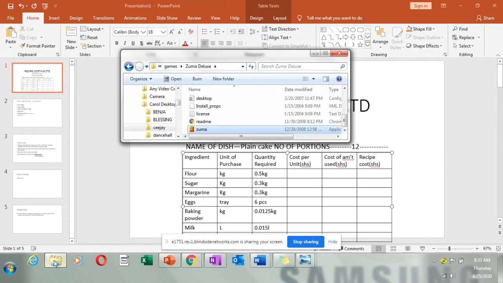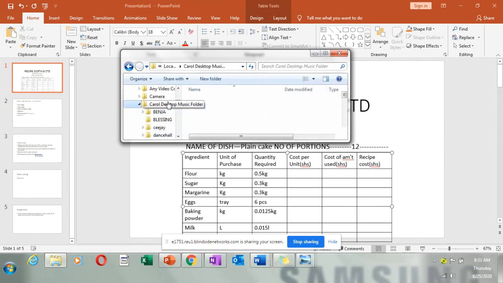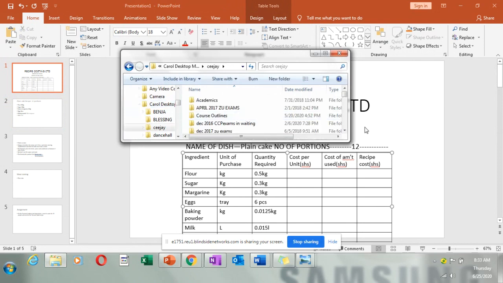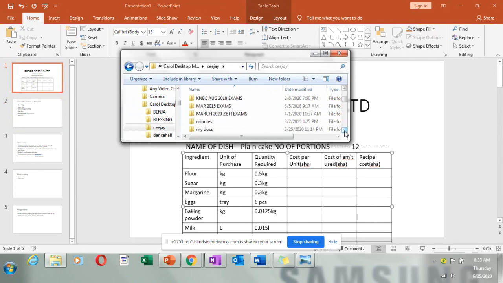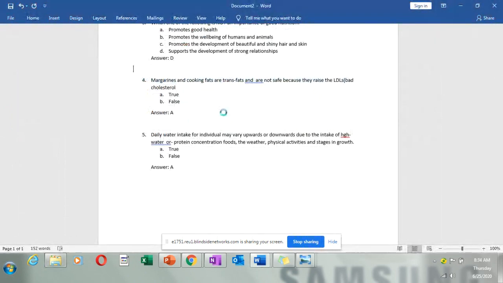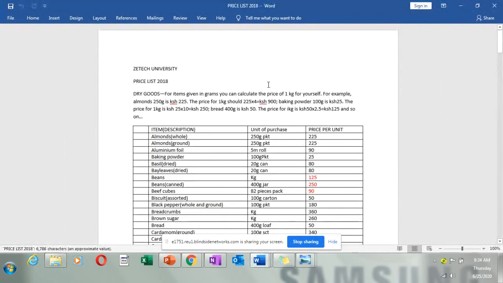Where the price list was, okay. So there is our price list as sent to you.